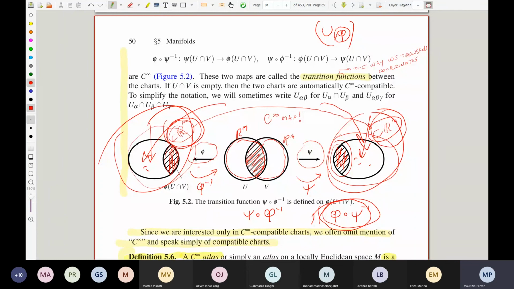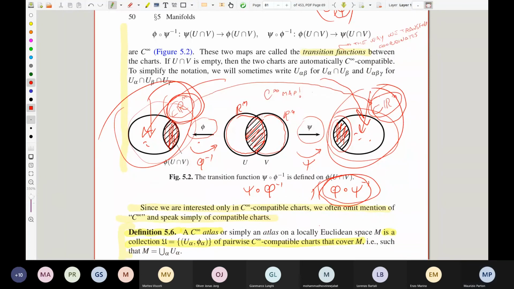Exactly, the coordinates should change according to a certain transformation rule, which is exactly the language you learned for tensors in Rn. A tensor is a rule giving these indexes, where the indexes change in this way. It means exactly this. A tensor is just a very nice object on the whole manifold, but when you look at it locally in the charts, you are looking at just a special part of that object. This is the problem.